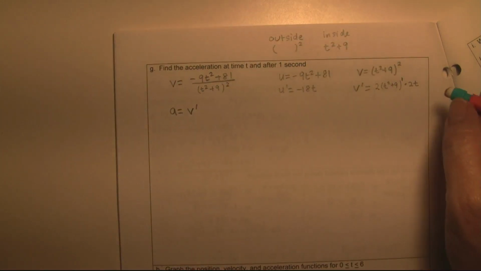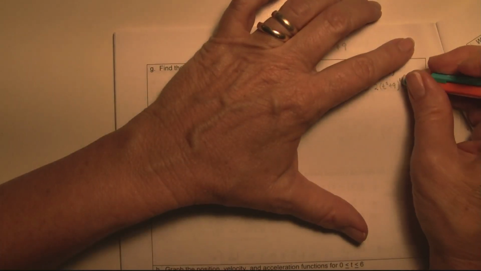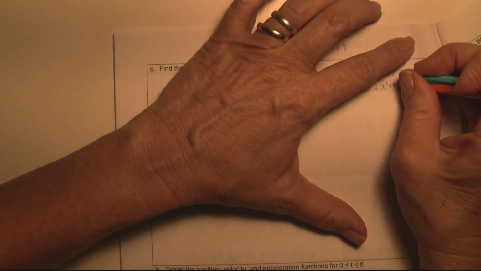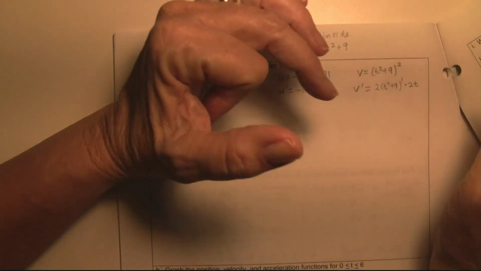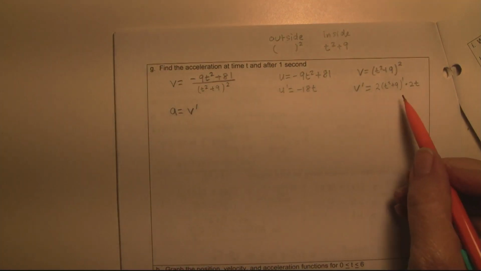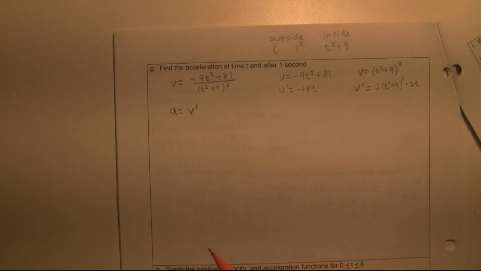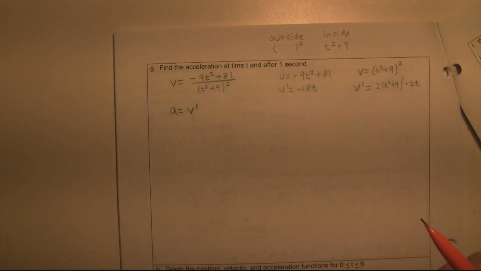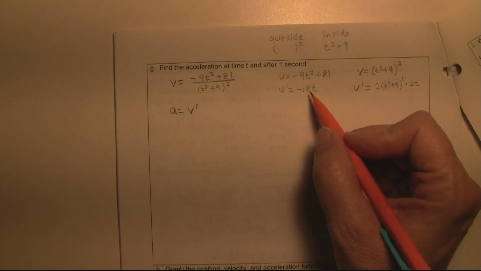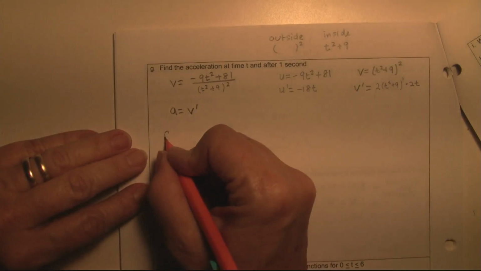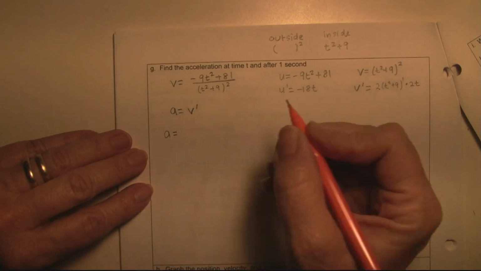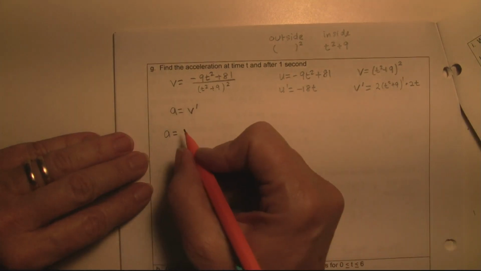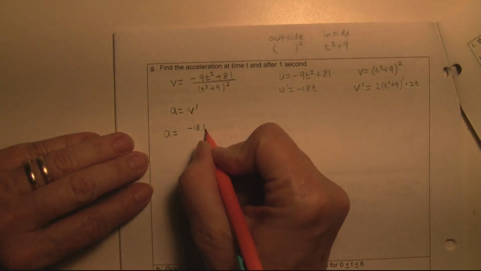And I don't allow myself to write that 1 because it looks like a prime, so I wrote it there so that you could see that I just used my power rule, but now I'm erasing it. And this is 4t. And so when I put it together using my quotient rule, I'm going to allow myself to say, hey, that's 4t. So now when I go to use my quotient rule, my acceleration equals negative 18t.